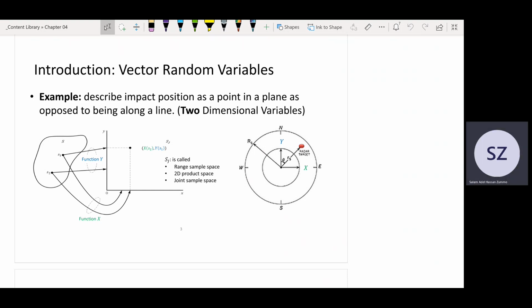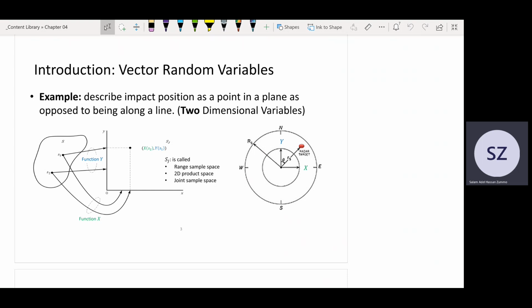Another example is a shooter who basically tries to hit a certain goal. Every time he shoots, he will hit a certain point. If you are a good shooter, you will hit something very close. If you are a bad shooter, you will hit very far from the goal, right? However, every time you shoot, you will hit something. Now, how to describe the place where it hits? One random variable on the x-axis is not enough.